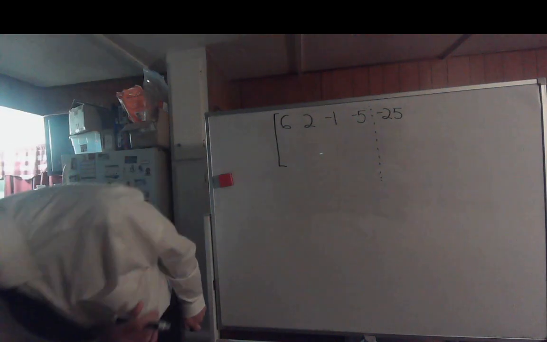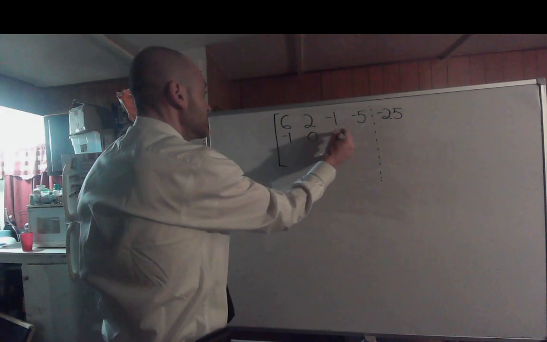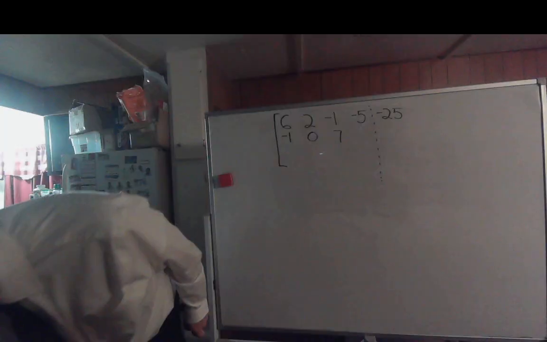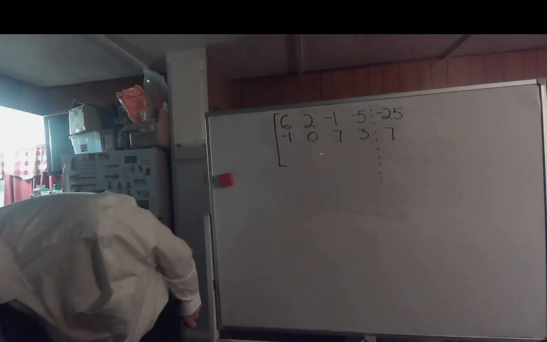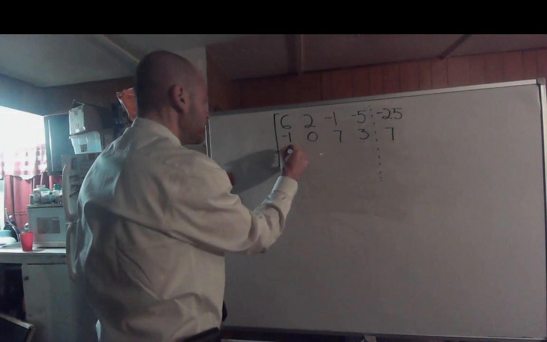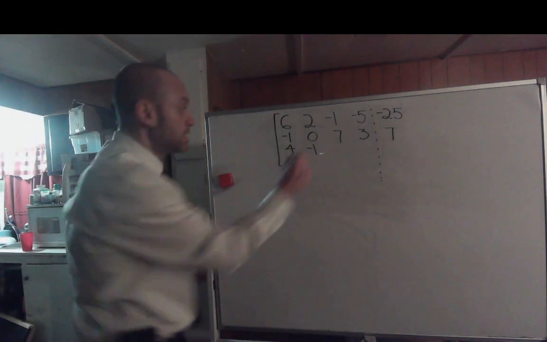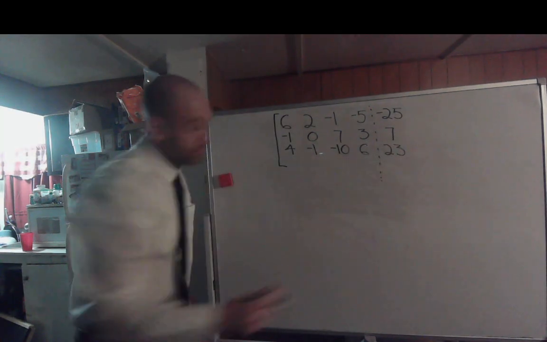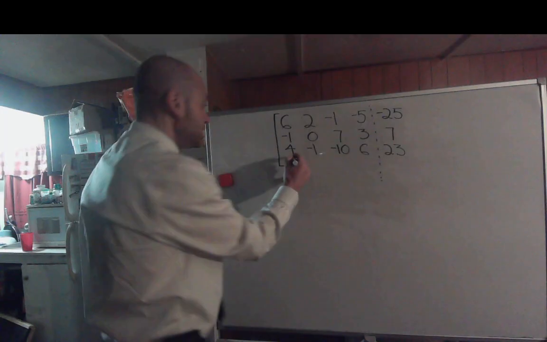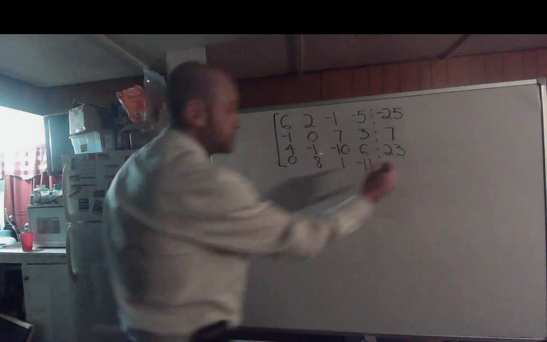Alright, and then negative 1, 0, 7, 3, 7, 4, negative 1, negative 10, 6, 23, 0, 8, 1, negative 11, negative 21.